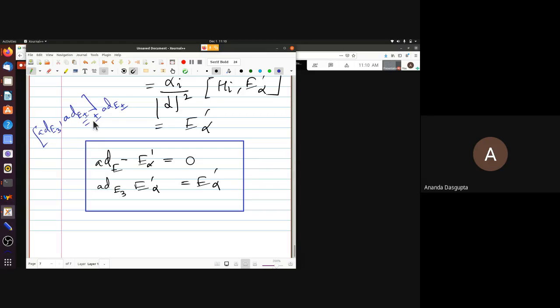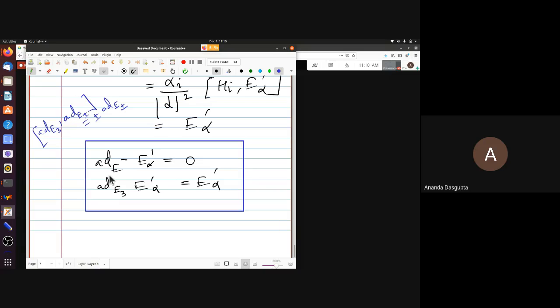Basically, all you are saying is they form an SU2 subalgebra, right? So all you are saying is E alpha prime is a simultaneous eigenstate of an SU2 lowering operator with eigenvalue 0. It's killed by the SU2 lowering operator, and it has an E3 eigenvalue of +1.